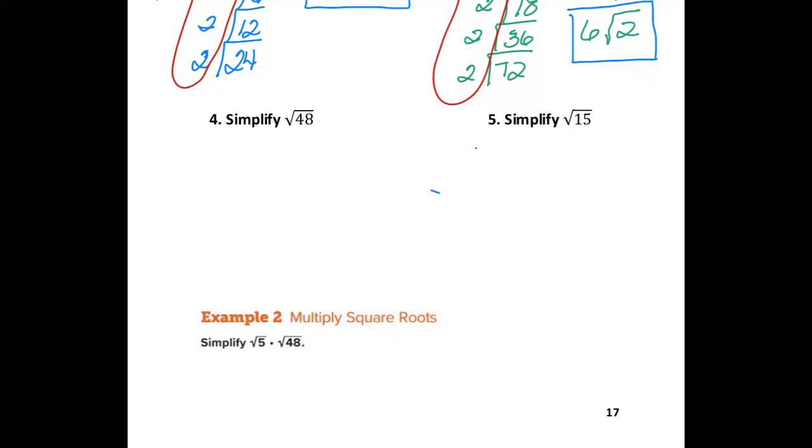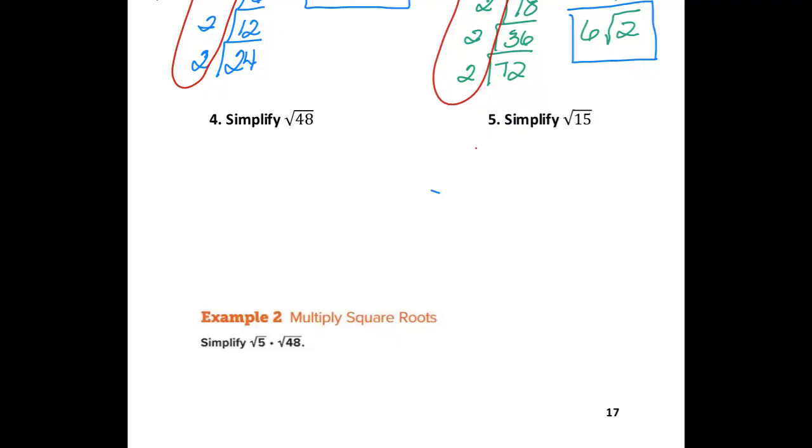Len, you got an answer for number 4? Did you use that using this? You can't do that on the test. Do you understand how to do this? Are you sure? Why don't you show me right here? That's how you're going to have to do it on the test.